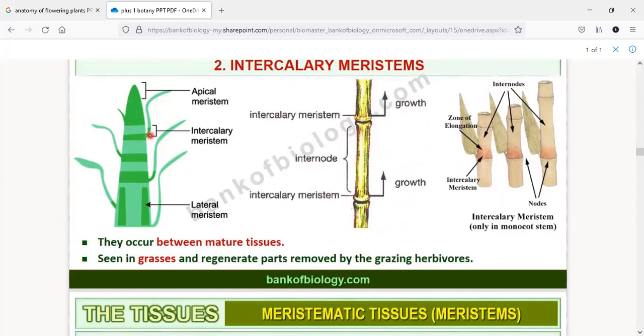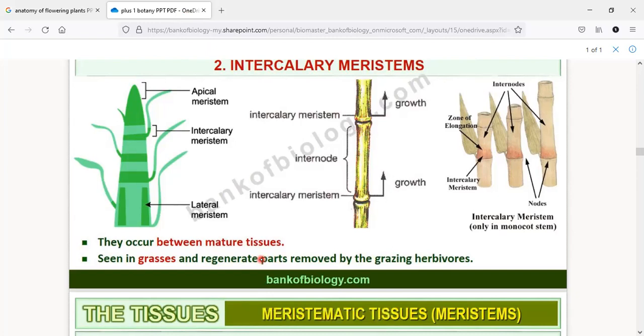So generally in case of grasses, if apical meristem is removed by some means, the plants can still grow by using this intercalary meristem, which is not commonly present in other types of plants.